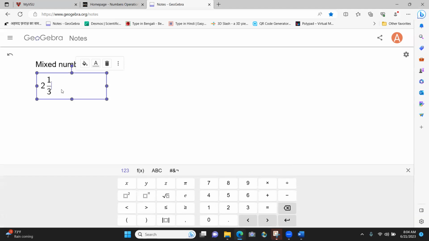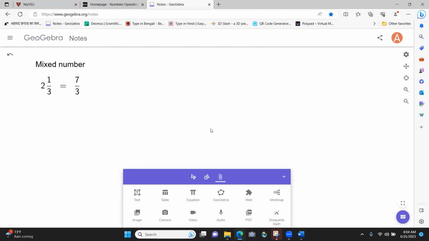So that's 7. And you keep the denominator the same. So 7/3. Okay? If I give you 7/3, how would you get to a mixed number? Let's try one of those. So this is called converting an improper fraction to a mixed number.